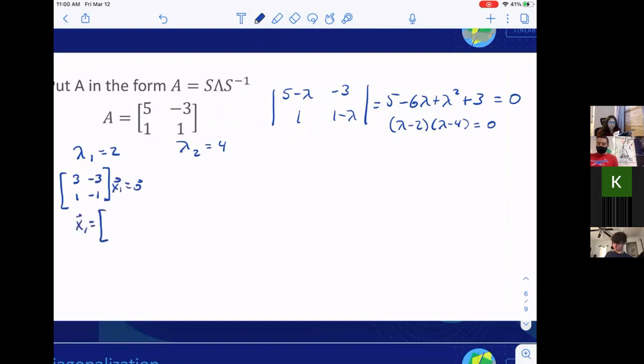Which is 1, 1. Right, 3 plus -3 and 1 plus -1 will give me 0. For 4, we'll find the null space of 1, -3, 1, -3. Oops, say 3 and I read a 4. So this time I would choose 3, 1.